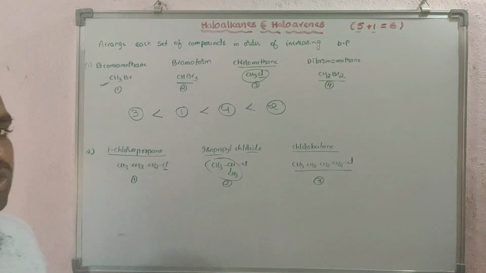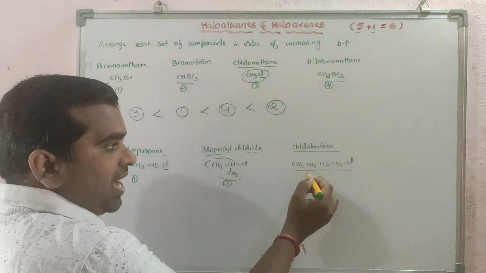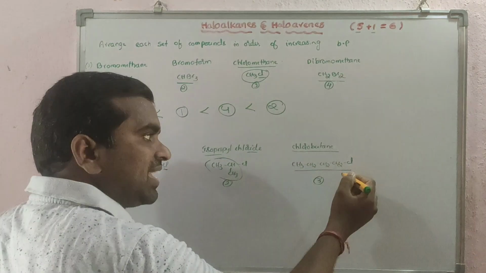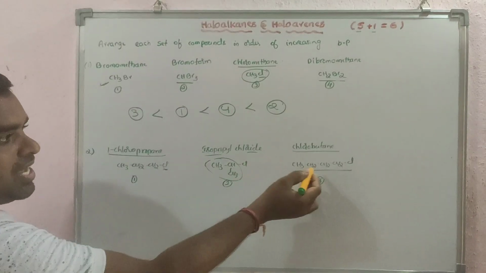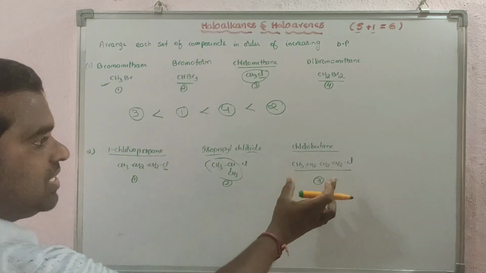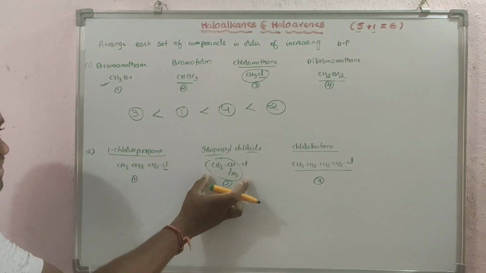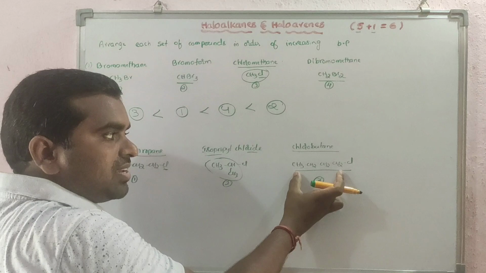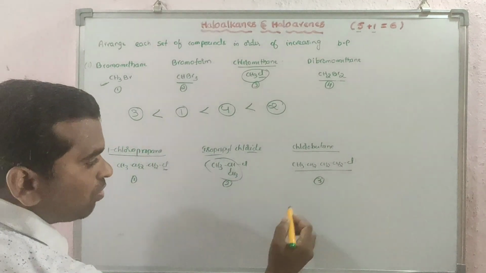Clear? In the last video we discussed that as the length of the chain increases, boiling point also increases, because here the halogen atom is the same, so you have to check the length of the alkyl group. Here there is a 4 carbon chain and here a 3 carbon chain, so as chain length increases, boiling point increases. So the highest will be the third one.